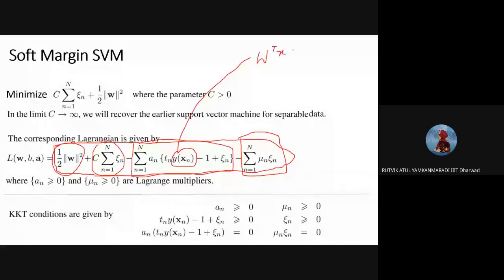Oh, it's a bias. My bad. Right. So this is why it is w transpose. That's why we are saying that this is a prediction. Whatever value you get from here should be multiplied by t, and it should always be greater than 0. Any other question?